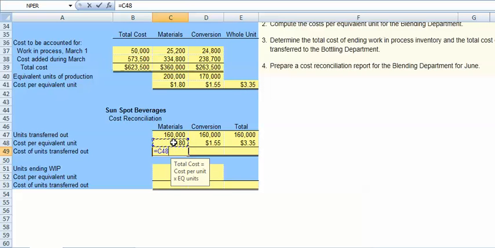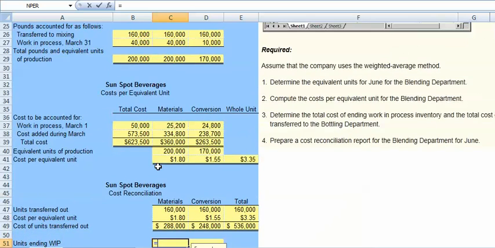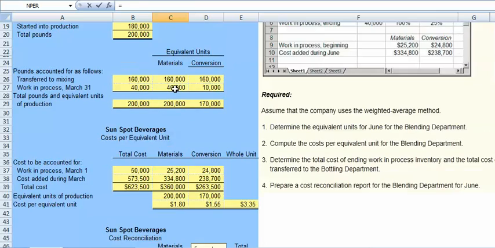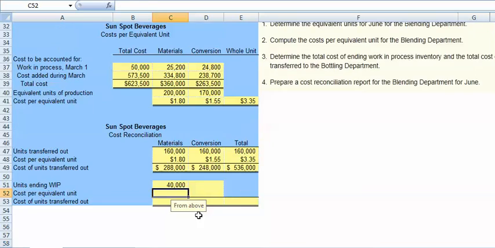Cost of units transferred out, 180 times my 160, and I can copy that across. Ending work in process. Notice I don't have a total because we've got different stages of completion. Ending work in process with respect to direct materials, we had 40,000 units.